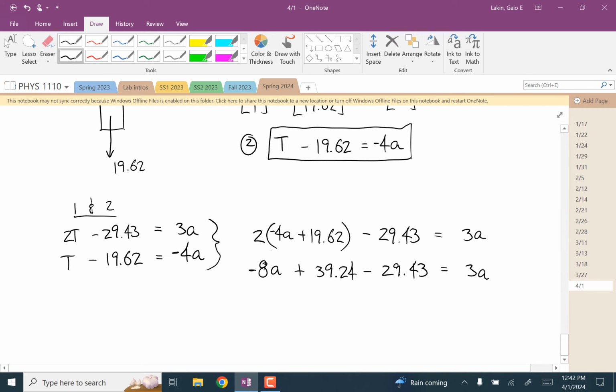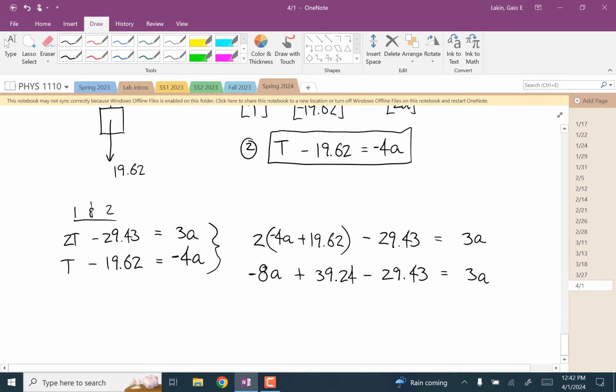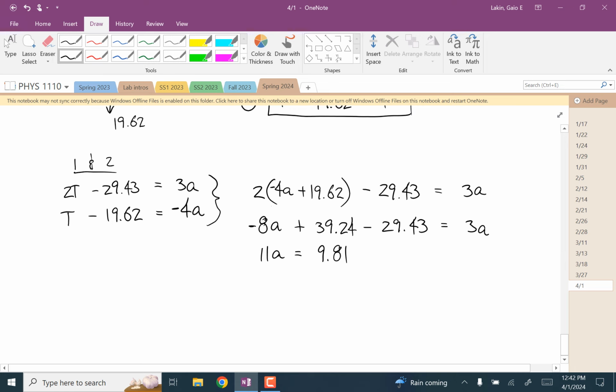And so we get 11a is equal to 9.81. And so a is equal to 0.89 meters per second squared.